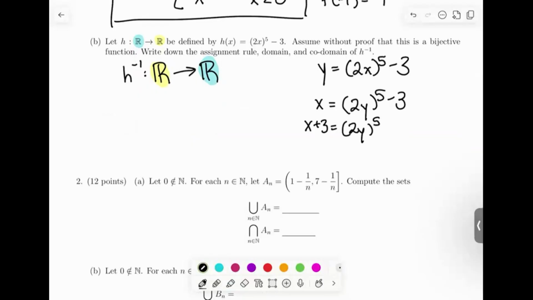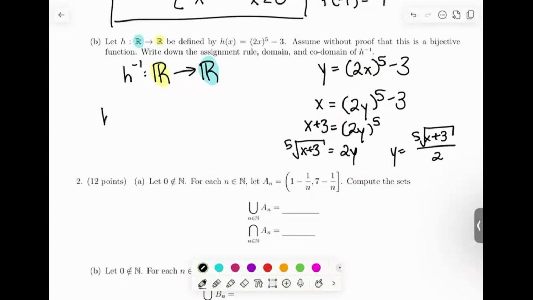I fifth root both sides, and this is okay because it's an odd root. I don't need the plus or minus business because 5 is an odd number. And I divide both sides by 2. So I get y equals the 5th root of x plus 3, all divided by 2. Great.